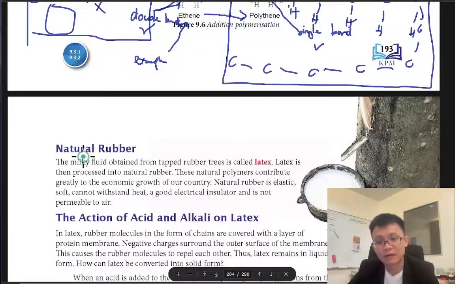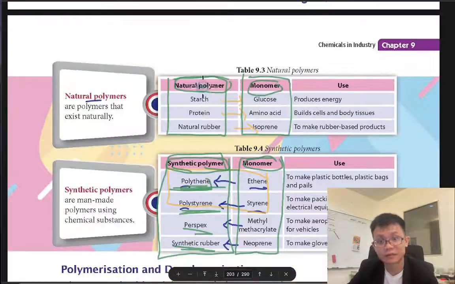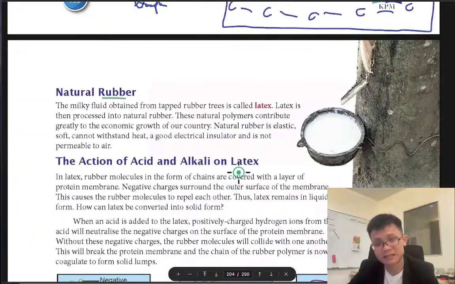Now we talk about rubber. So rubber is a natural polymer, correct or not? Rubber is a natural polymer, natural rubber. Why I say it's a natural polymer? If you make this thing dry, I don't know whether you go to the, I don't think you go lah, because maybe some people watching this video know.